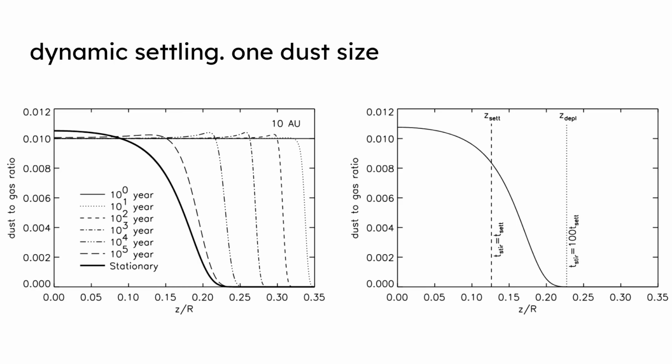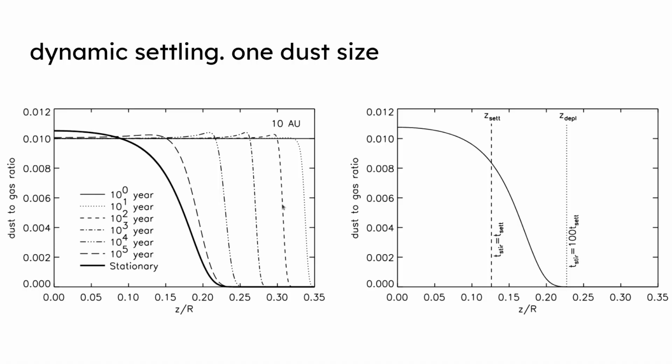Then you turn on dust settling, and it happens rather quickly and very sharply. Basically, at 1,000 years in, you have nothing above that height.